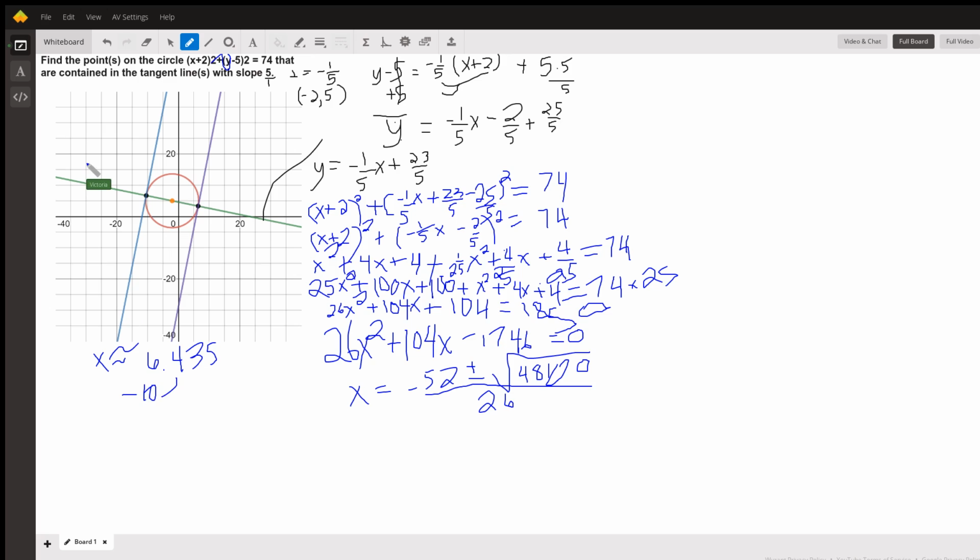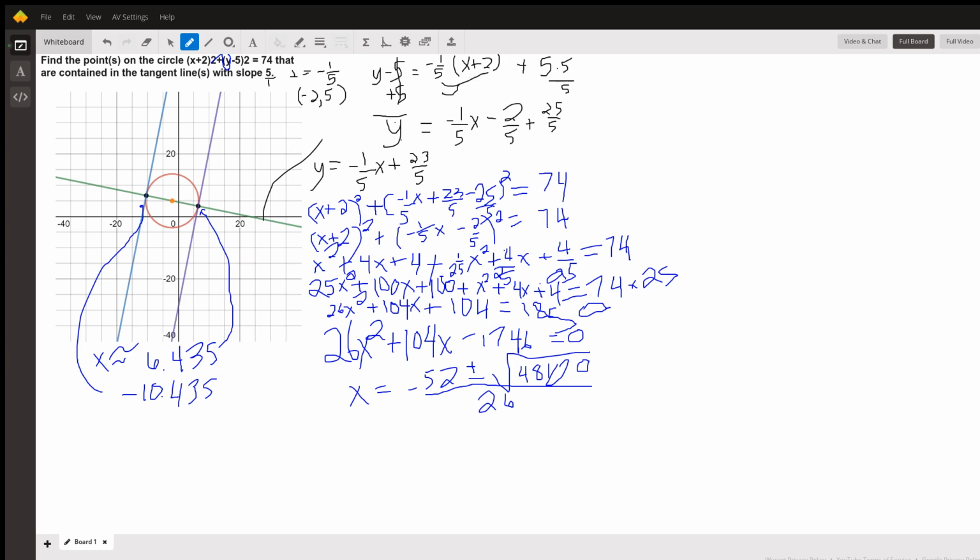Sorry. Negative 10.435. So clearly, the negative 10.435 for x is this point, and the 6.435 is this point.